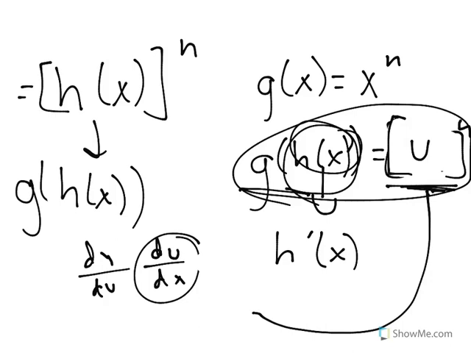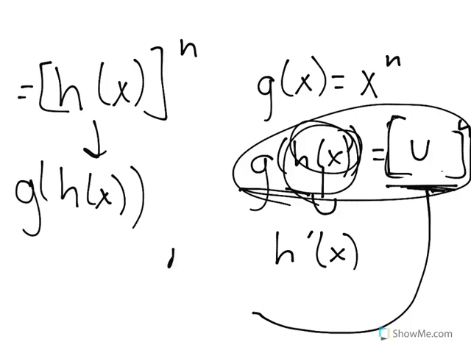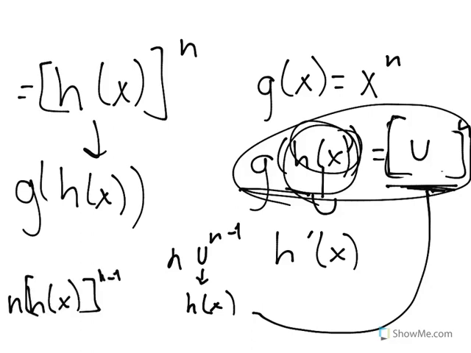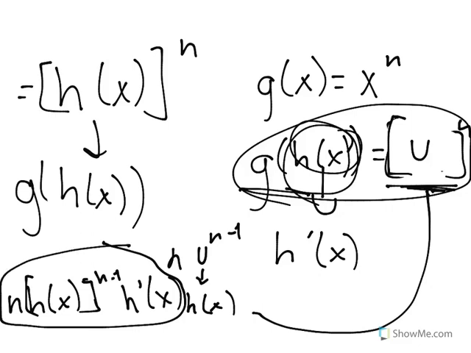So u to the n, let's just use the power rule. That's n times u to the n minus 1, but we know that u is just h of x. And so this is exactly what the general power rule is: n times h of x to the n minus 1, times h prime of x. And this is our general power rule, derived from the original power rule and from the chain rule.